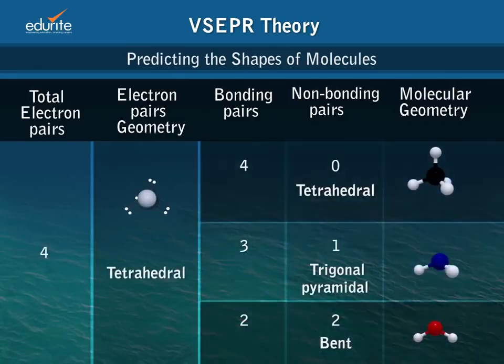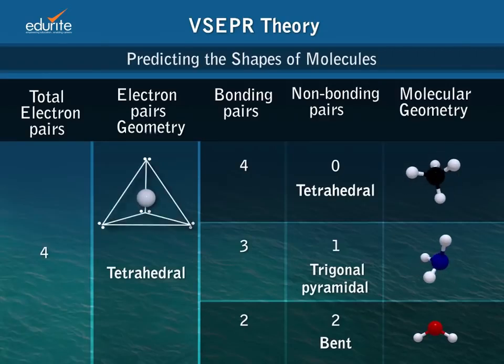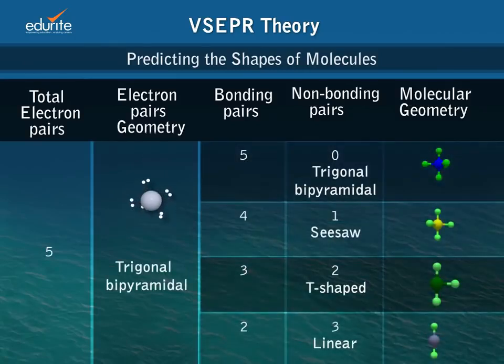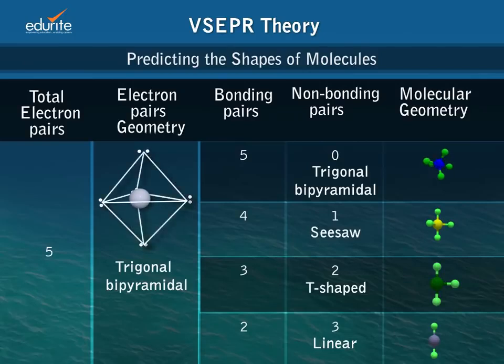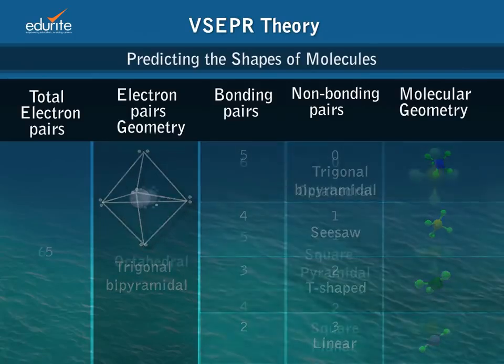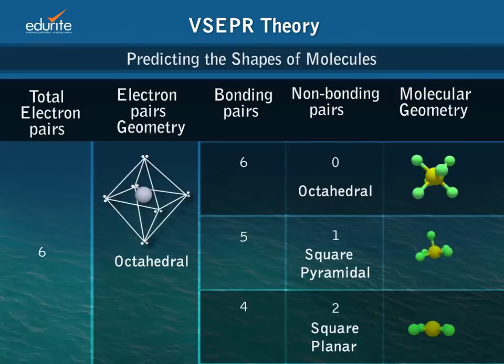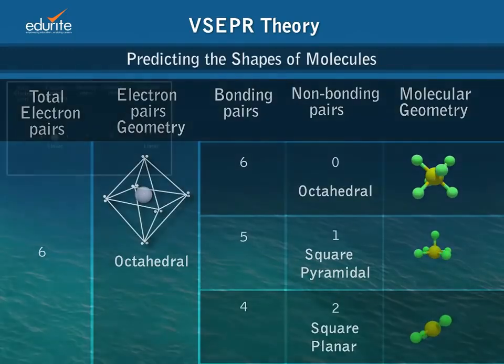When there are four electron pairs, the possible molecular geometries are tetrahedral, trigonal pyramidal, or bent. When there are 5 electron pairs, the possible molecular geometries are trigonal bipyramidal, seesaw, T-shaped, or linear. When there are 6 electron pairs, the possible molecular geometries are octahedral, square pyramidal, or square planar.